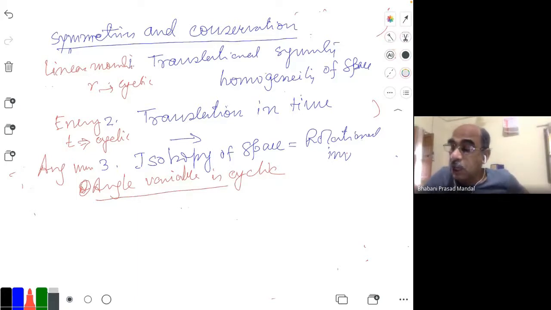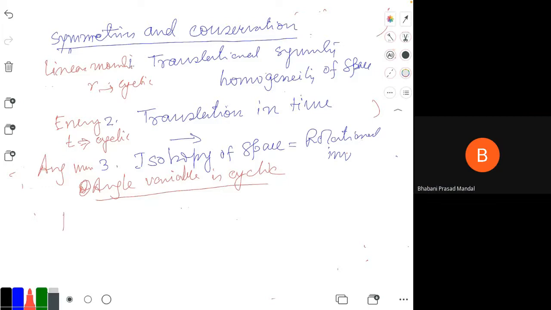Now we want to say that there can be partial symmetries. Suppose I write a Lagrangian as a function of x, y, z, and then x dot, y dot, z dot.